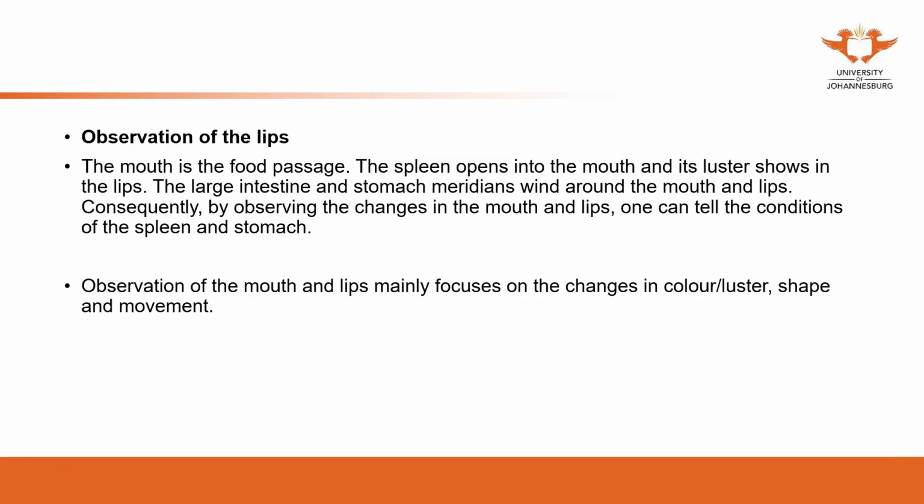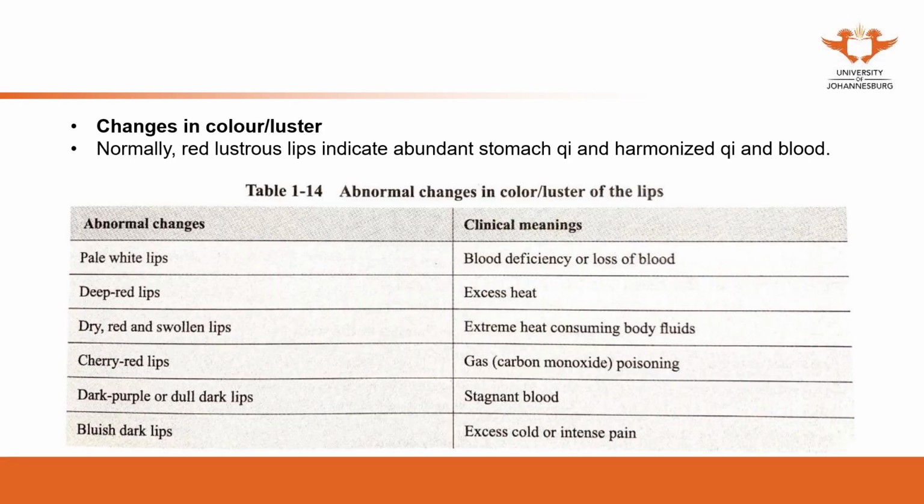Observation of the lips. When you observe the mouth, you can see the lips, the teeth, the gum, and also the folds. So when you see the lips, you need to consider the races.